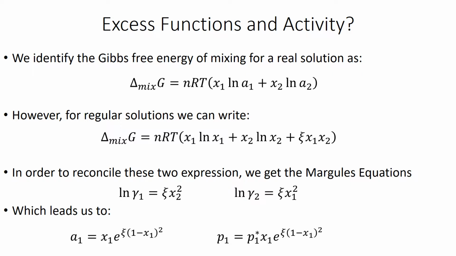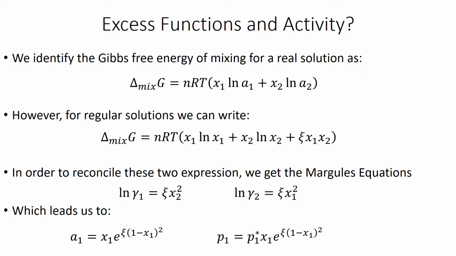Now, what you want to do is reconcile these first two equations. When you do that, you get two equations out, known as the Margules equations, which show that the log of the activity coefficient for 1 is equal to eta times the mole fraction of the second component squared.